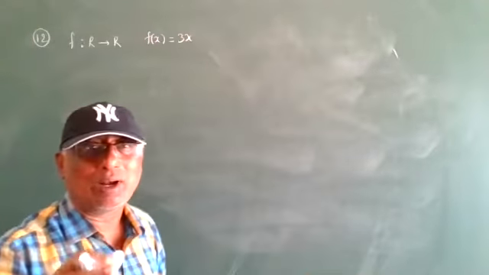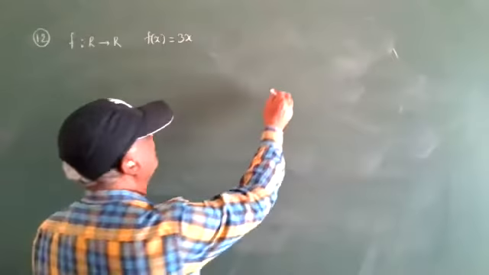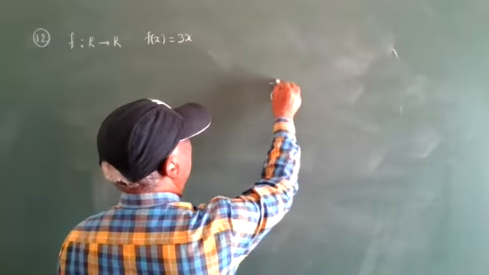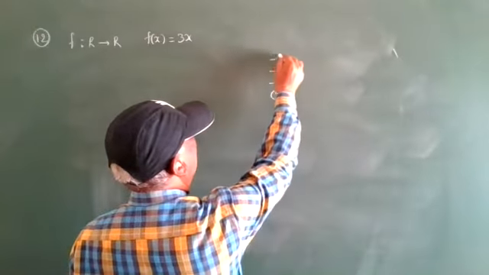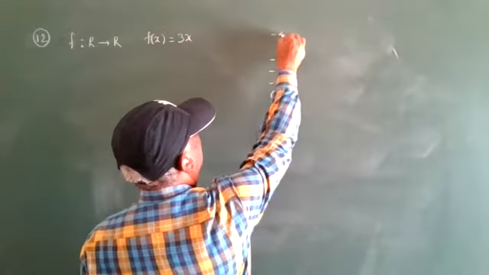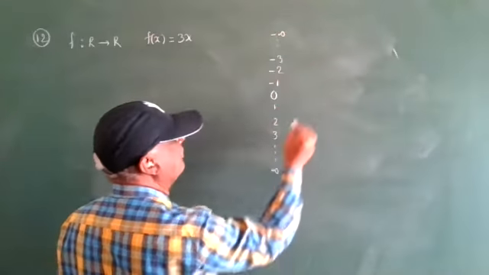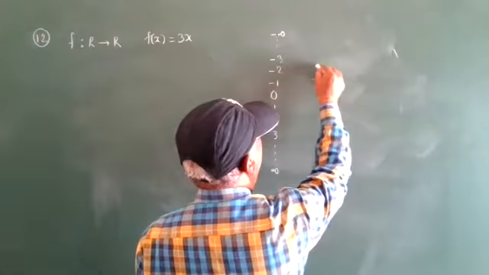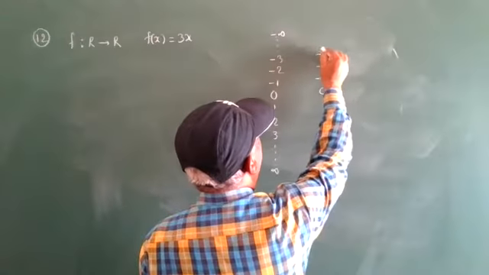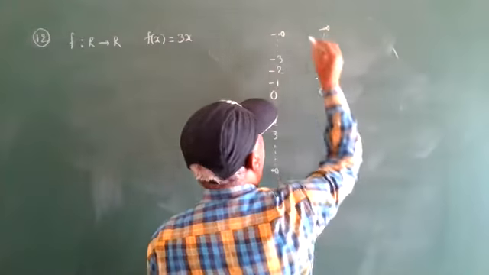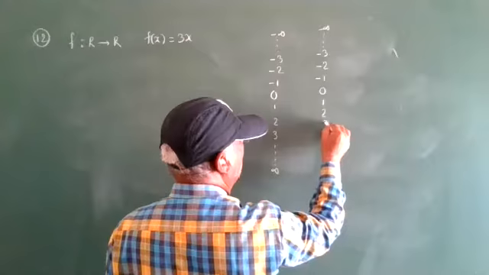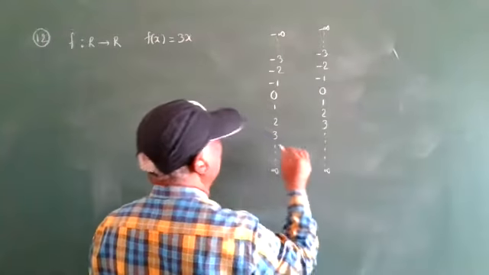It is one-one. See: 0, minus 1, minus 2, minus 3, up to minus infinity. 1, 2, 3, up to plus infinity.